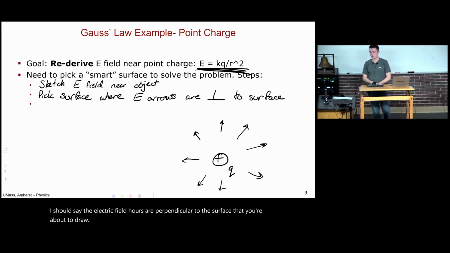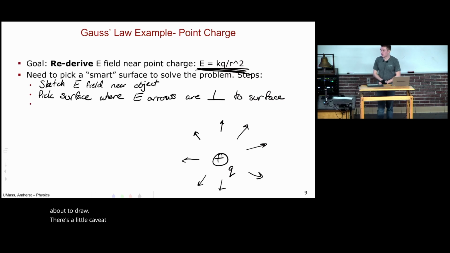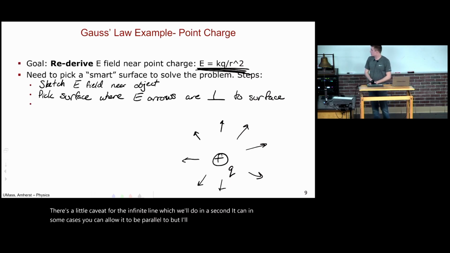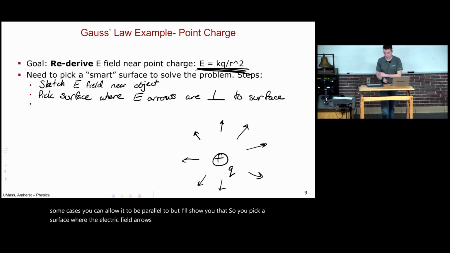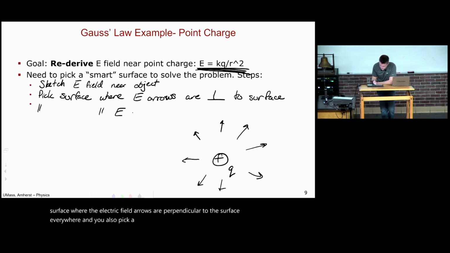There's a little caveat for the infinite line, which we'll do in a second. In some cases, you can allow it to be parallel too, but I'll show you that. So you pick a surface where the electric field arrows are perpendicular to the surface everywhere. And you also pick a surface where the E field has the same size everywhere.